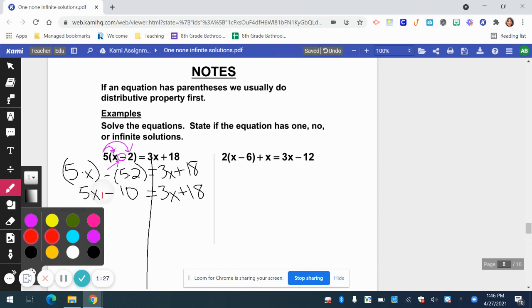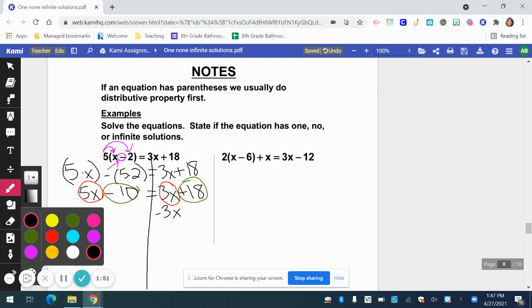Now I'm going to circle my like terms. So I have my variables and coefficients in red and my integers in green. Now I'm going to subtract both sides by 3x because the inverse operation for positive 3x would be minus 3x.